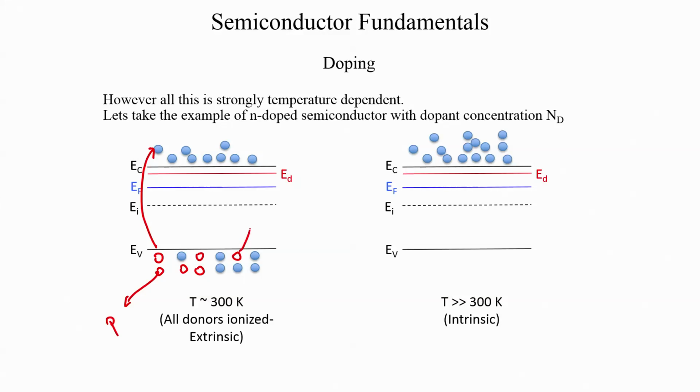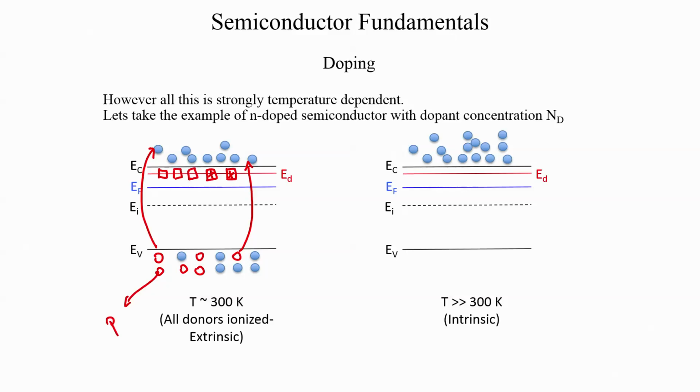The temperature is now large enough, much more than enough for the electrons in these donor levels to escape the clutch of the donor. And at these temperatures you should find that almost all, in fact all the donors would have ionized.